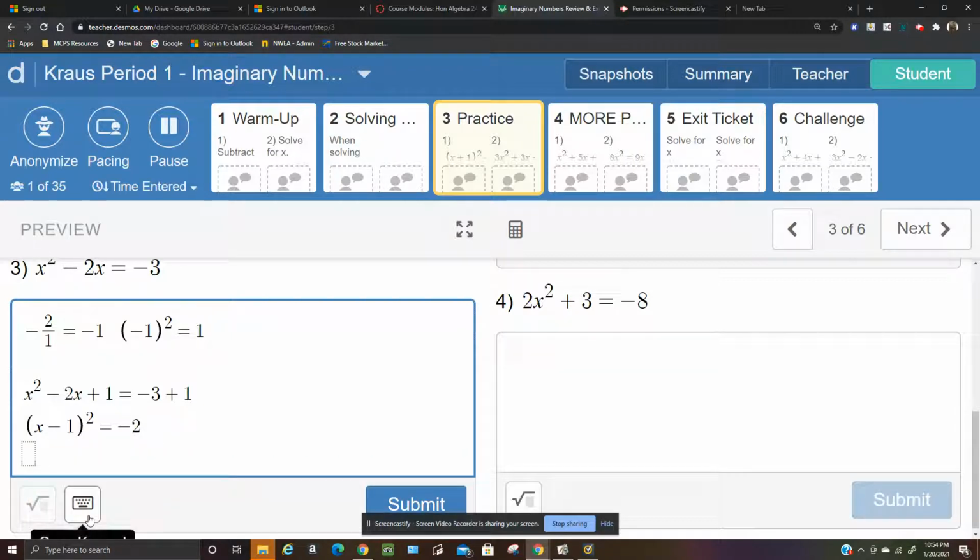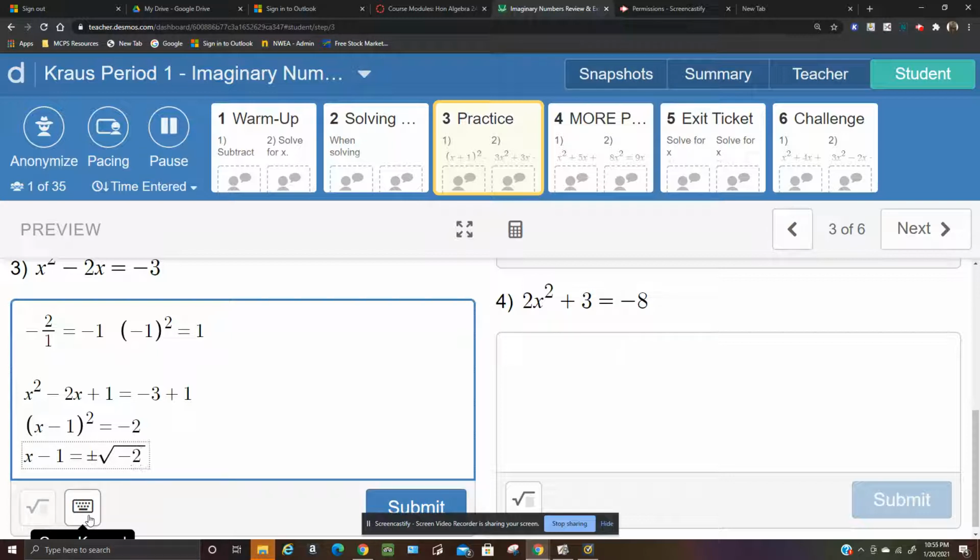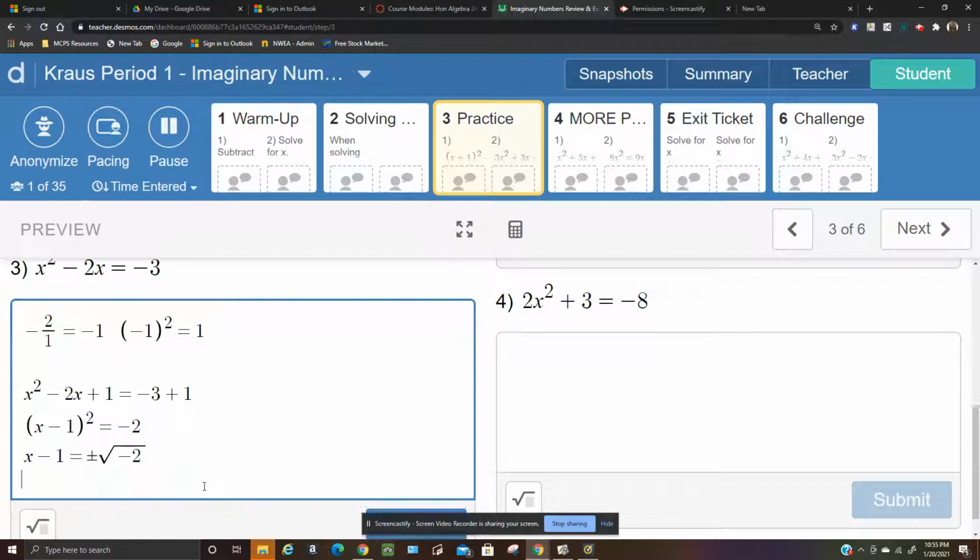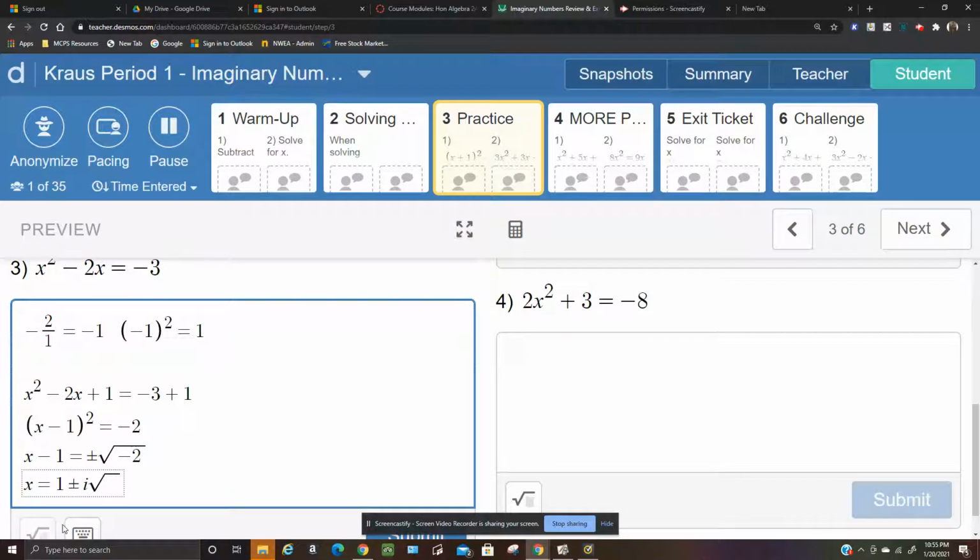And take the square root of both sides. 1 plus or minus i square root of 2.